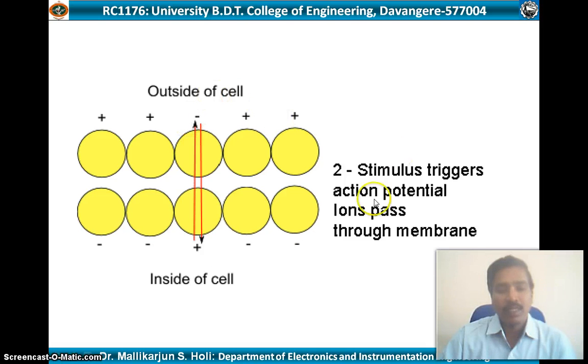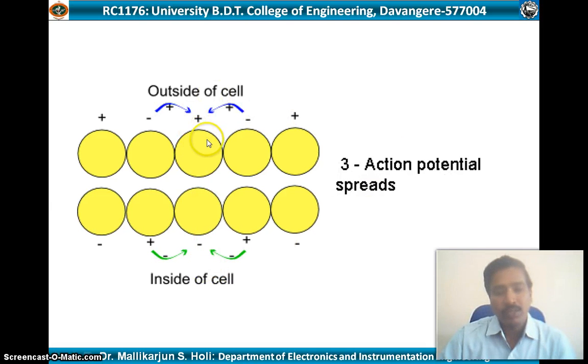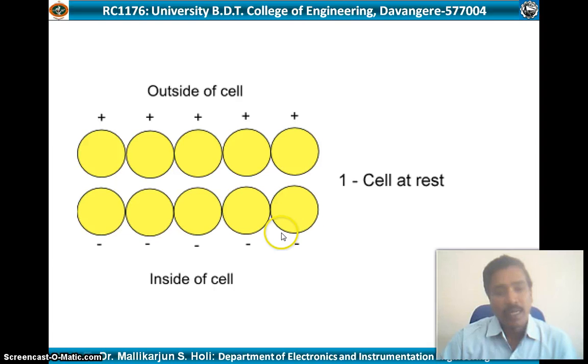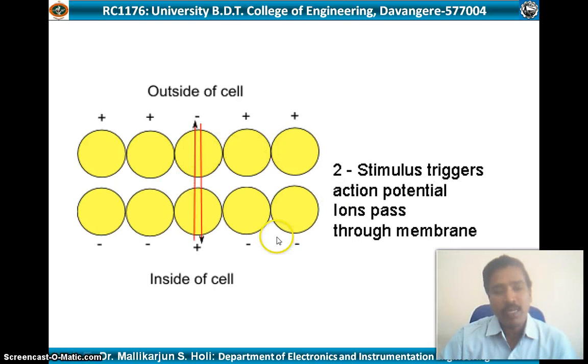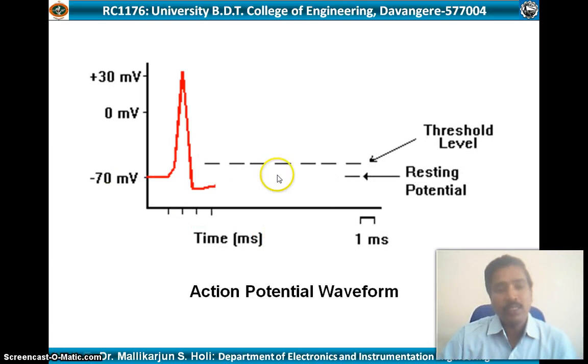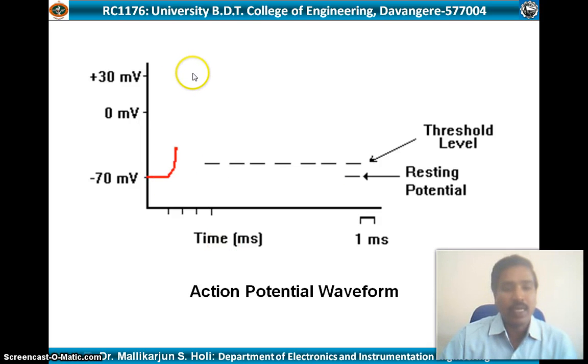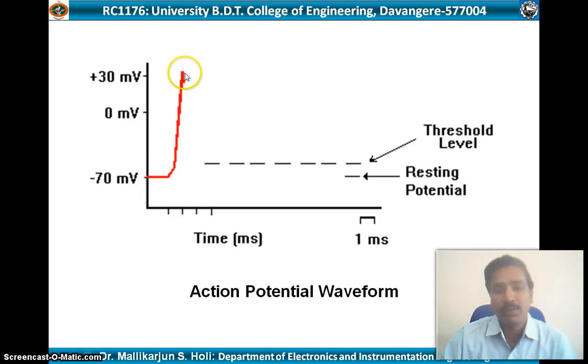This is the outside of the cell, this is the inside of the cell, and you can also see how this action potential is propagated from one cell to the neighboring cells. This is the typical waveform of the action potential, indicating the resting potential of minus 70 millivolts, this is the depolarization state, this is the action potential which is approximately 20 to 30 millivolts, and this is the repolarization phase by which it returns back to the resting potential.